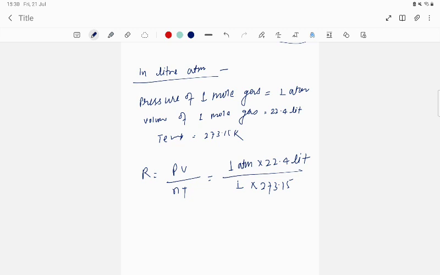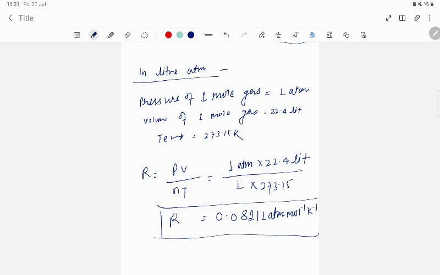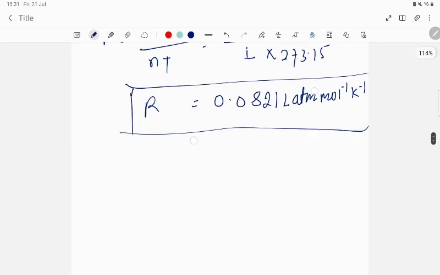Let me take the calculator: 22.4 divided by 273.15. It is coming 0.0821. What is the unit, student? Liter, atm, mole inverse, Kelvin inverse. So this is the R unit where the volume is considered in liter.